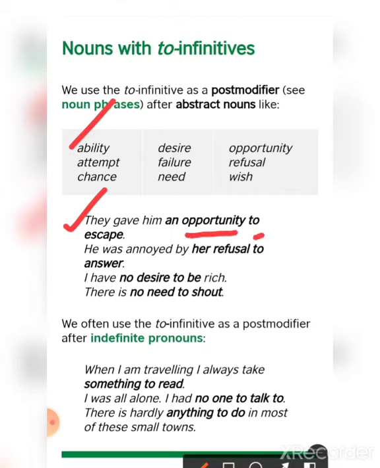To escape is the infinitive. He was annoyed by her refusal to answer. Here refusal acts as a noun. So to answer is the infinitive. So, noun plus infinitive. Next, I have no desire to be rich. There is no need to shout. Here need and desire are the nouns. To be rich and to shout are the examples of infinitives.